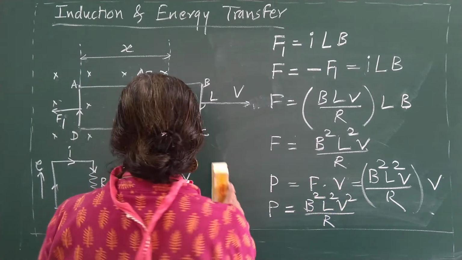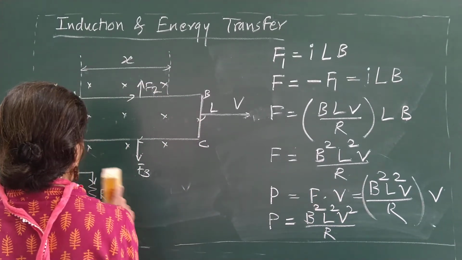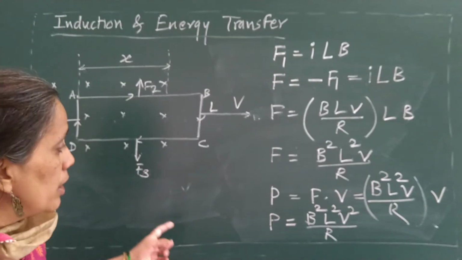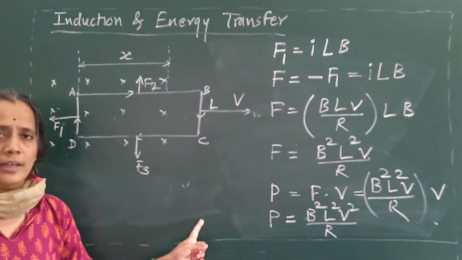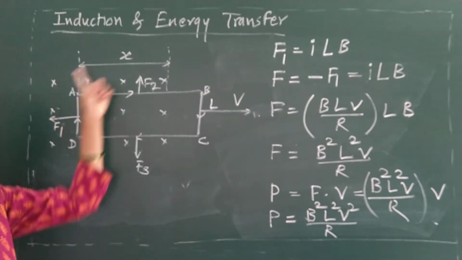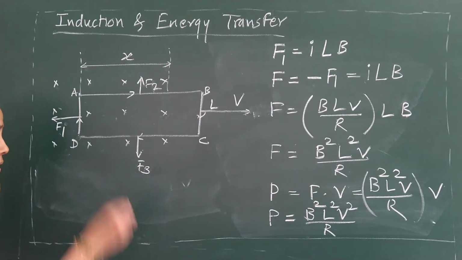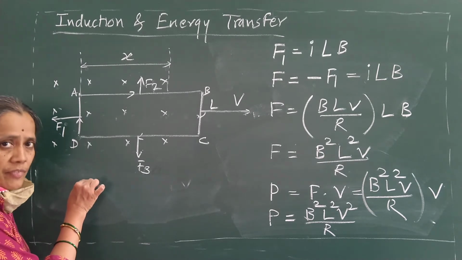Now when this mechanical power acts on the coil, there will be production of induced current through the coil. And when that induced current flows through the coil, it generates a heating effect.